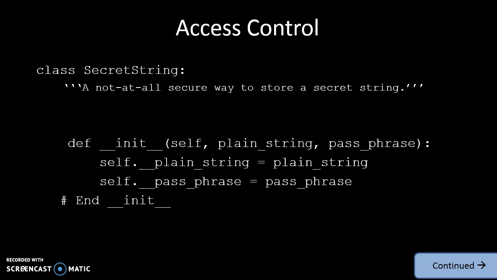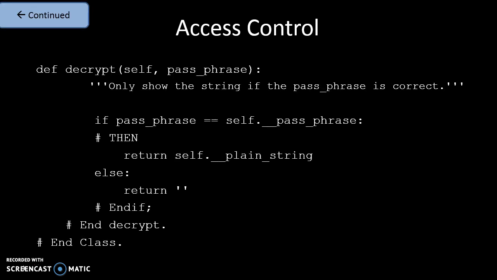The message is in a variable called plain string, and the password is in passphrase. We have our initialization method, which takes in the plain string and the passphrase and initializes those to the values. So that is to say, we're forcing values to go in when we declare an instance of a SecretString object.